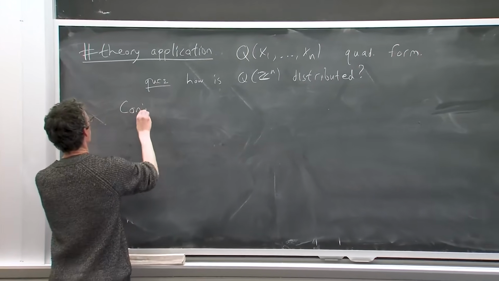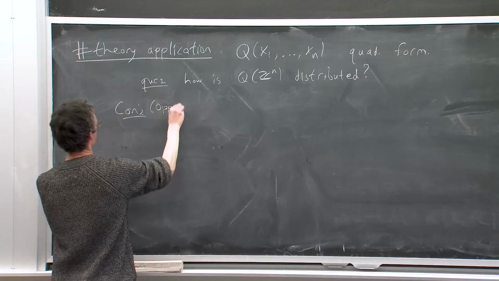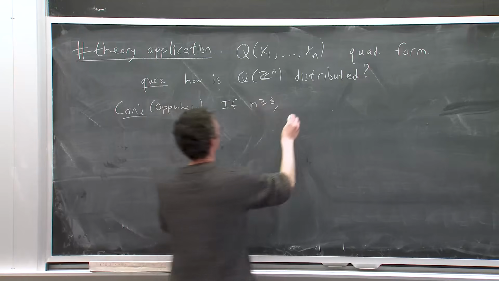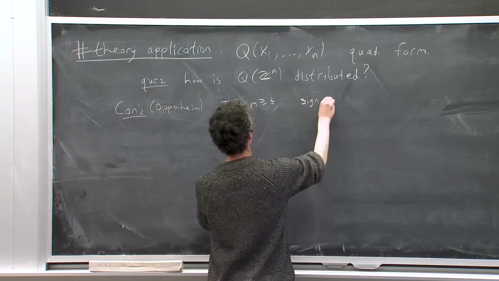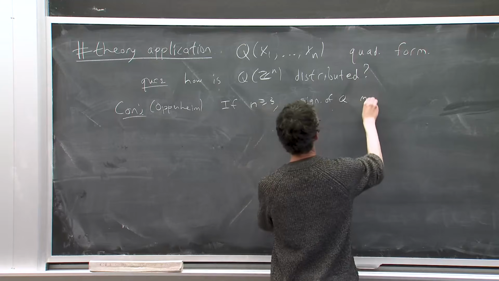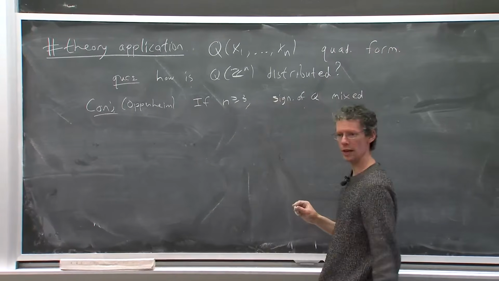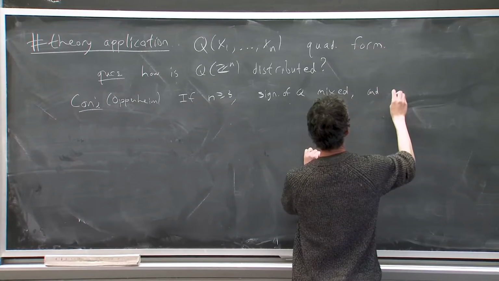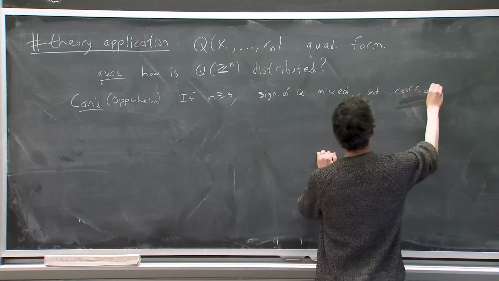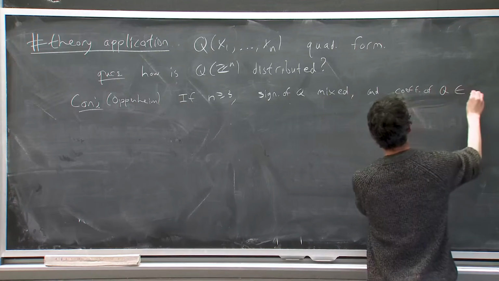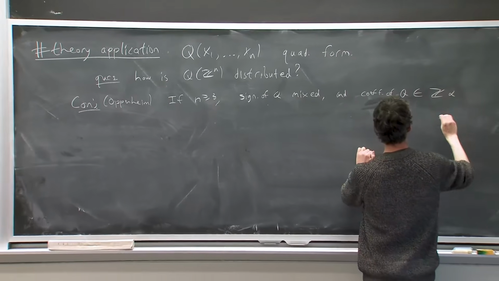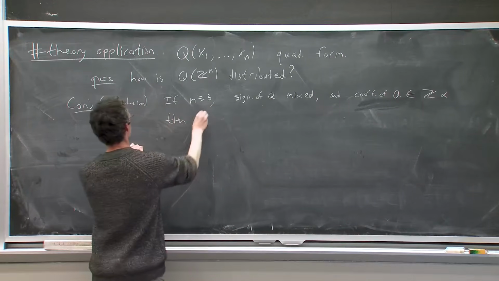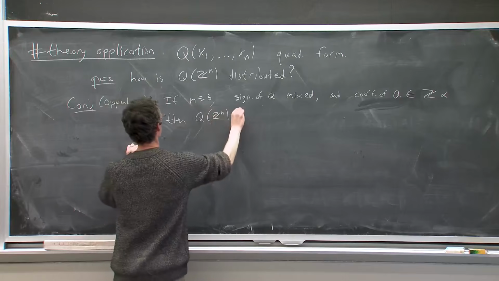So motivated by that, Oppenheim made this conjecture quite a while ago. So the conjecture was that if n is at least 3, and the signature of Q is mixed, so it's not always positive and not always negative, and the coefficients of Q are not contained in Z times alpha for any alpha, then Q of Z^n should be dense.